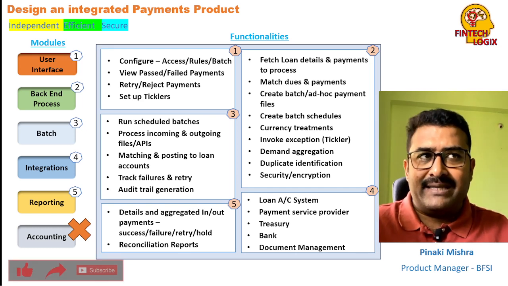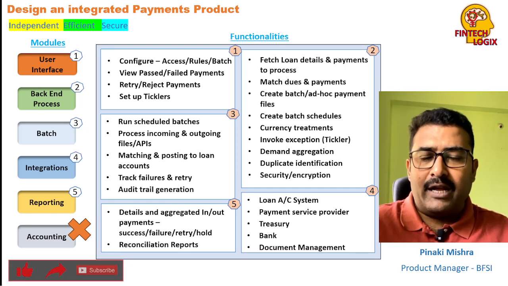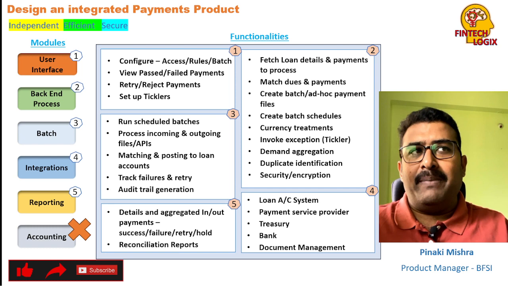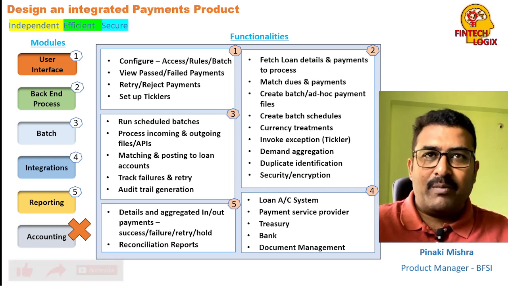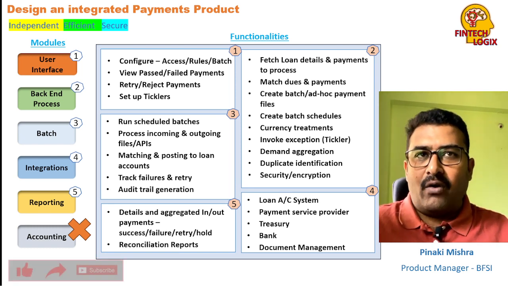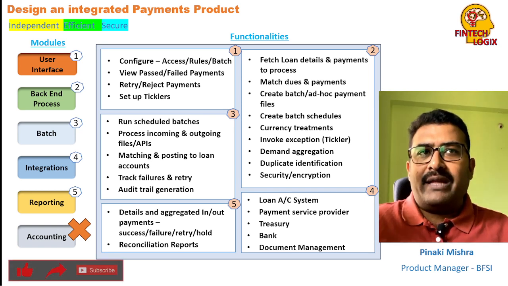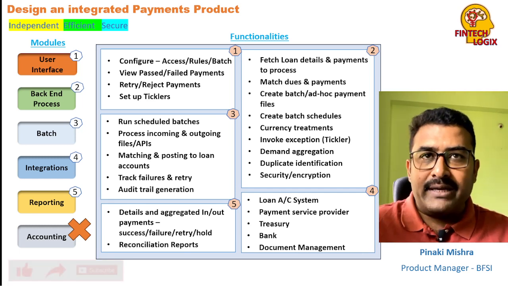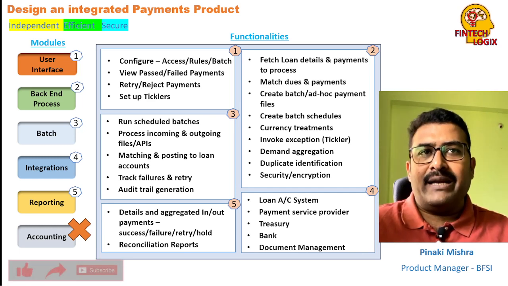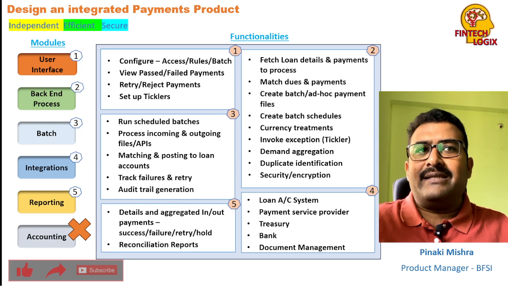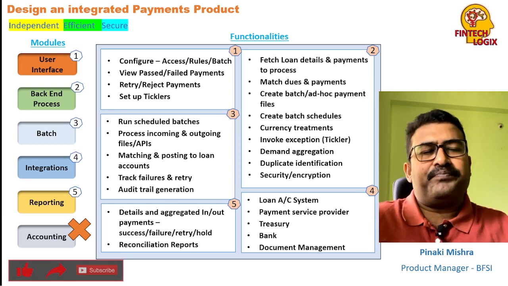It might be treasury that would need a report of incoming and outgoing payments, or it might be for loan purposes, where we want to get a track of all incoming and outgoing payments that are coming to a loan. So that is why a well-enhanced reporting system is required that can give you intelligence as per the need.